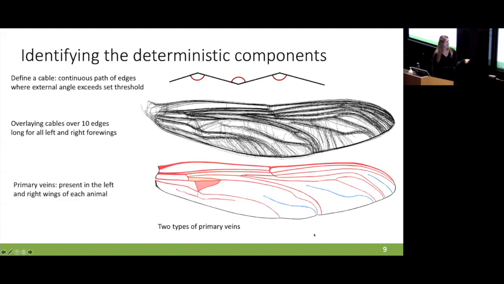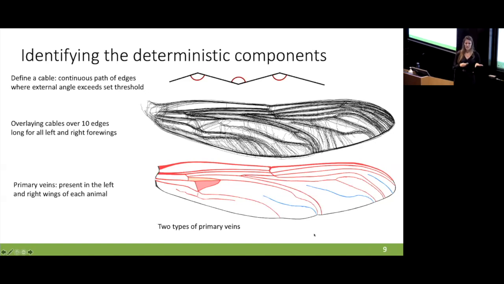And I haven't done this yet, but you'll have to believe me that this picture identifies all of the primary veins in these two wings, and you can see there's two types. So there's the red types that start at the shoulder and continue on, and then there are also these mysterious blue types that kind of start in the middle of the wing blade and then continue to the tip. Okay, so these are the deterministic components.